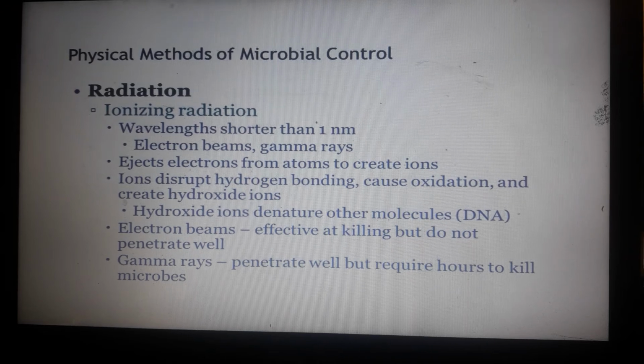After penetration, oxidation occurs, ions disrupt hydrogen bonding, and there is formation of hydroxyl ions that will interact with DNA and cause denaturation of DNA, because there is already a change in the sequence of DNA by the addition of the hydroxyl group.